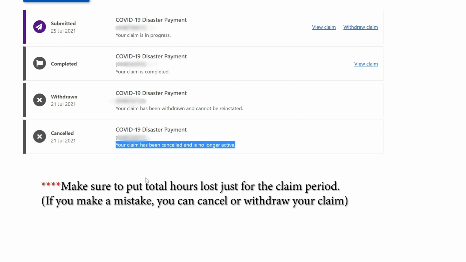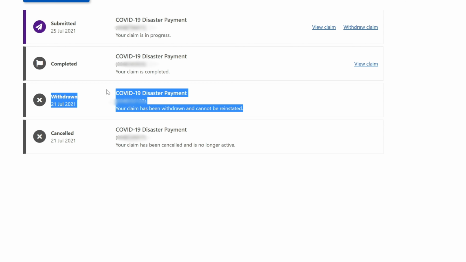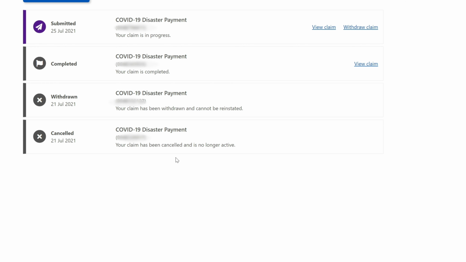So make sure that you put the total hours for just 1 week when you're claiming for the first week. And then for the second week you need to make a separate claim, and include the total number of hours that you've lost for that week. Also, if you make a mistake, you can withdraw your claim and then submit a new claim.